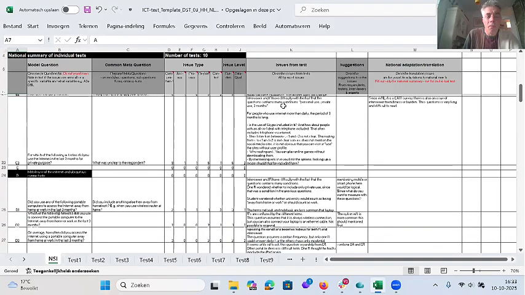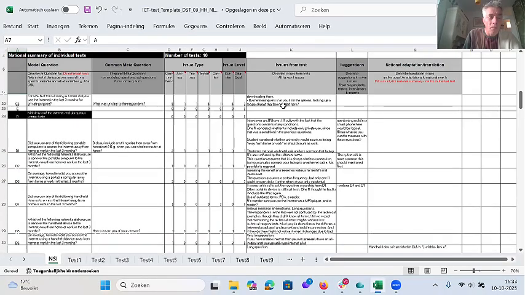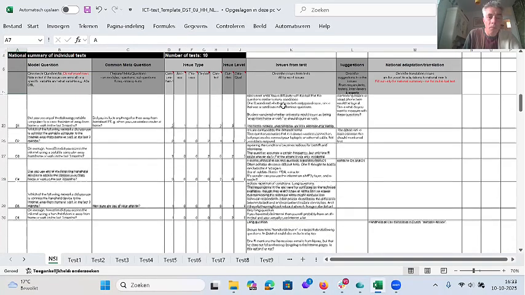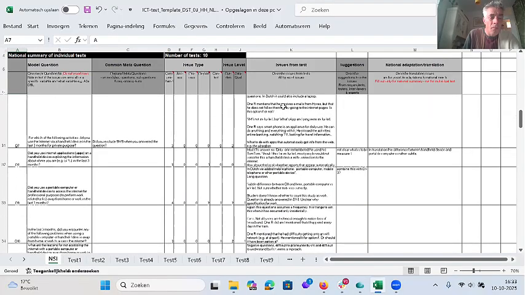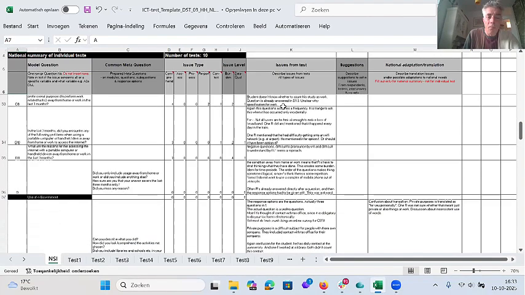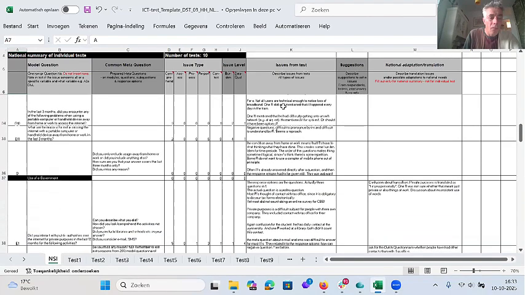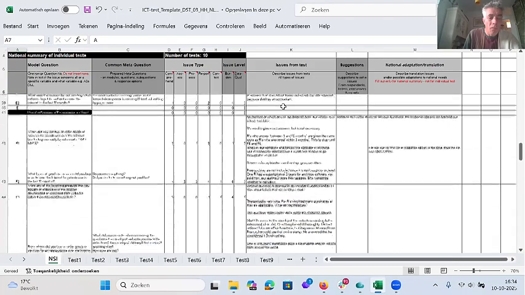And here also the probes or the meta questions, which were developed together with colleagues of other NSIs, and were asked in the test questionnaire for each test respondent. Then they gave some reactions that is modeled here, like the issues.